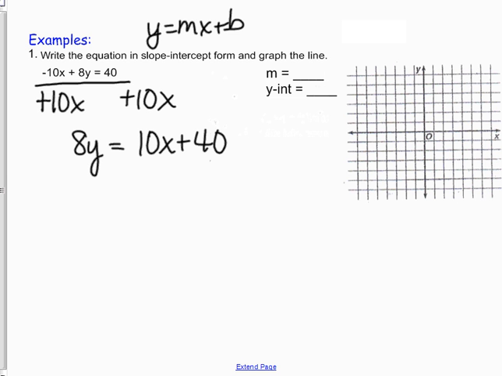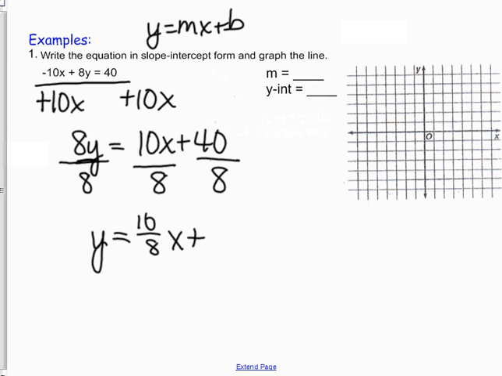Well, holy cow, that's not going to even fit on my graph here because I'm looking at 8y. That's going to be way above the graph. So what I'm going to do is divide everything by 8 to simplify this. So I get y alone. y equals 10/8 x plus 5.